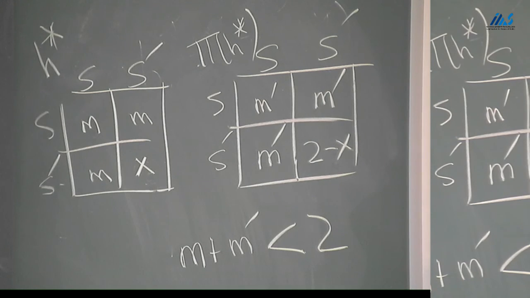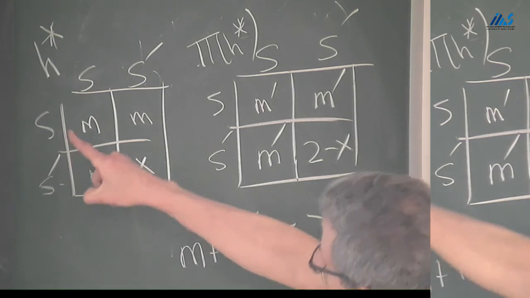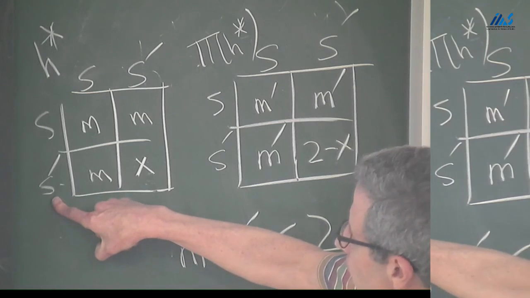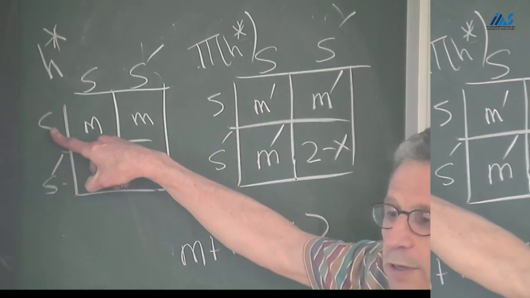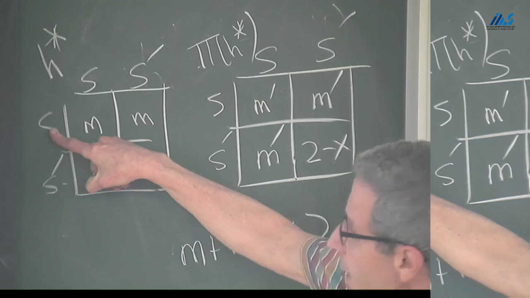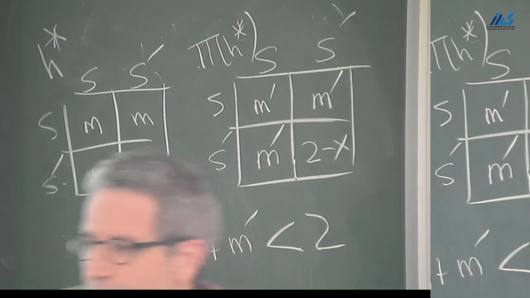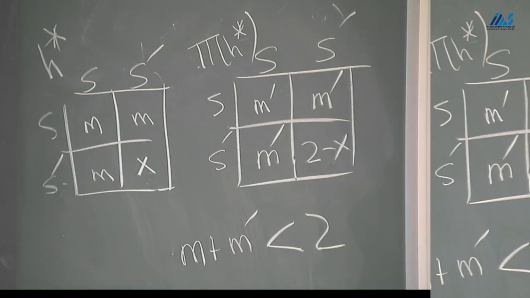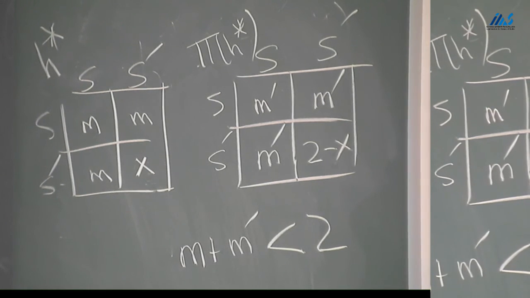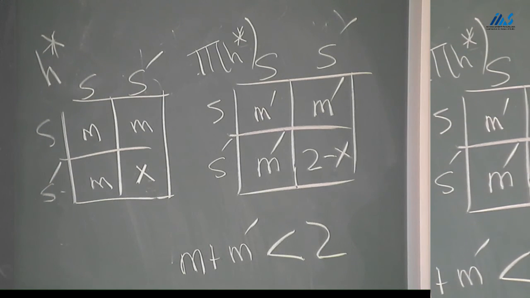And so we see that on average, S prime does strictly better than S, since S is constrained to be getting payoffs less than the strongly efficient payoff after H star.